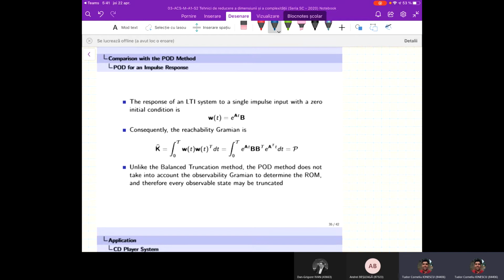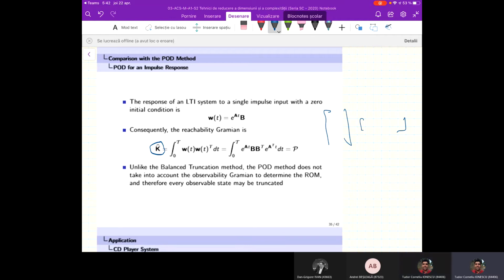So the response of a linear time invariant system to a single impulse with zero initial condition is this one. And then the reachability Gramian is given exactly by this. So there is a relation with balanced truncation, because this snapshot matrix is actually used in this energetic form, WW transposed. Note that this is a rank 1 matrix, because W is like this and W transpose is like this, and when you multiply, it is a rank 1 matrix.